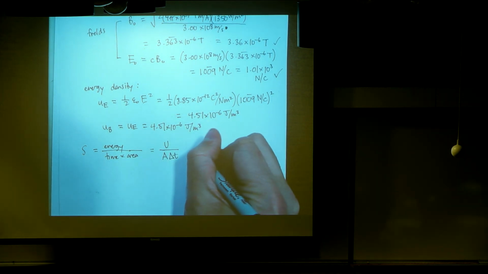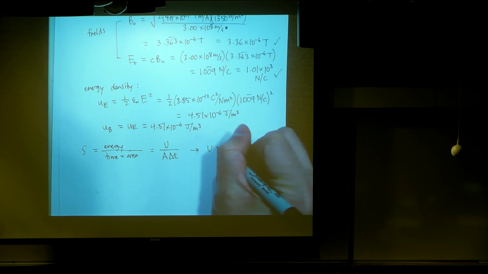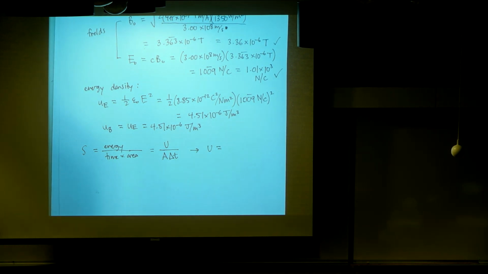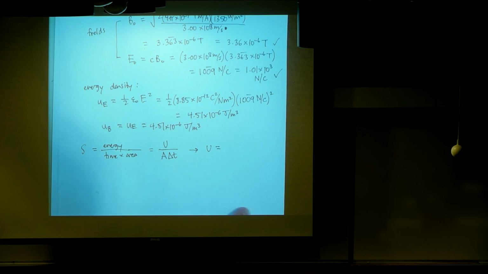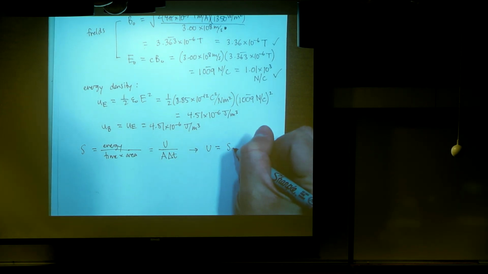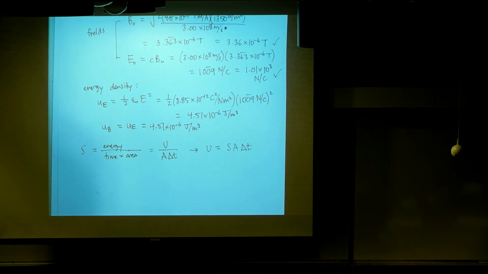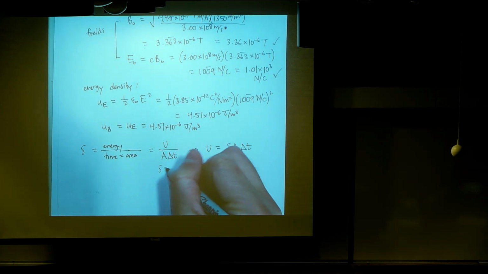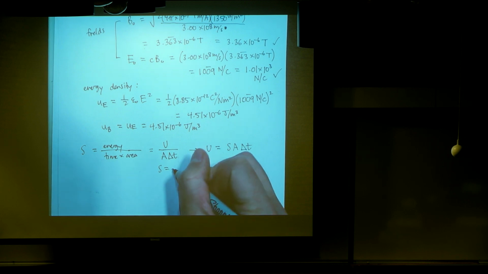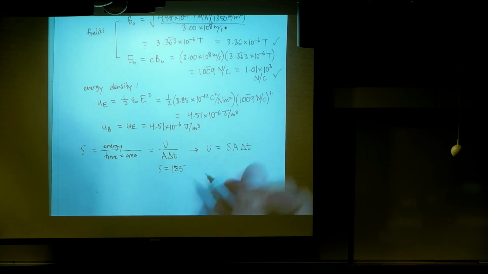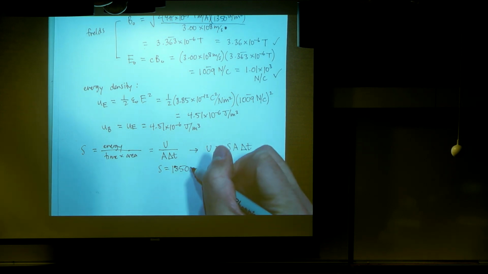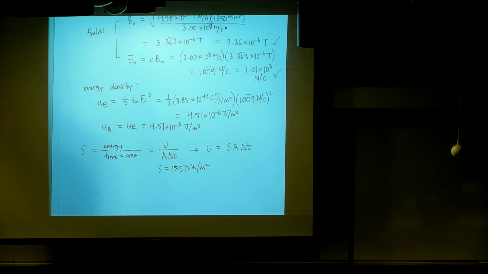Now, I'm trying to solve for the total energy, so that's what appears on the top of this expression. So U is equal to S times A times delta T. Let me just remind you that we already know S. That's, in other words, the intensity of the sunlight hitting the Earth. It's 1,350 watts per square meter.